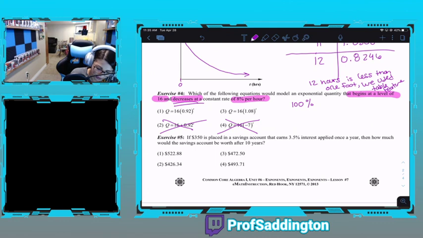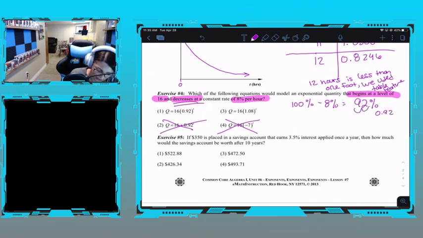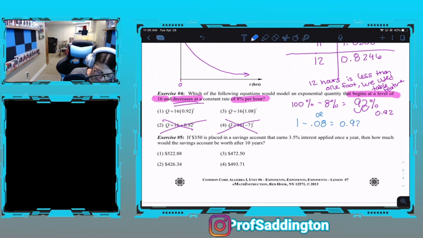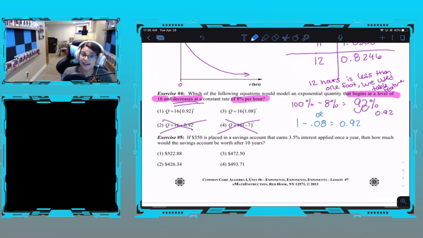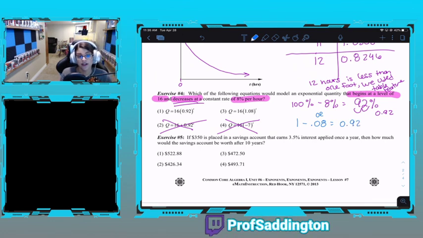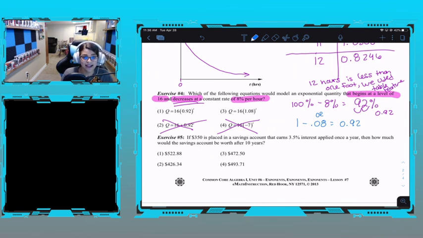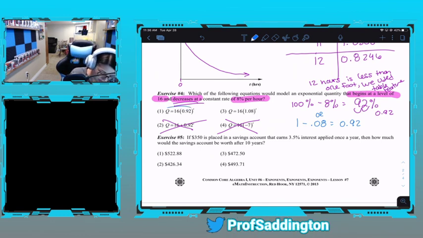You can do 100% minus 8%, and you're left with 92%, which if you turn into a decimal is 0.92. Or again, how you might see this in Khan Academy is they're going to do 1 minus 0.08 to get to that 0.92. Both of these are valid. They're just shown a little bit differently. So based on that, since it's decay, it has to be less than 1. So it's going to be choice number 1.